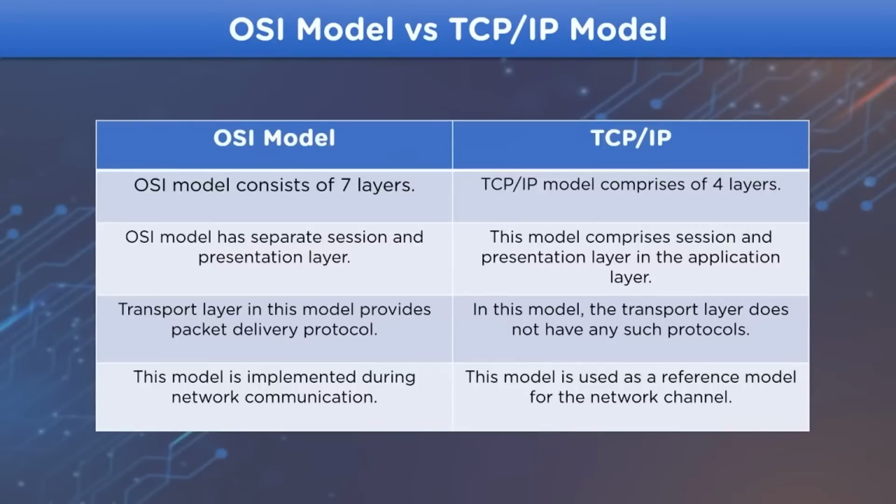The transport layer in the OSI model provides packet delivery protocols, but in the TCP/IP model, the transport layer does not provide any such protocols. The OSI model is implemented during network communication, but the TCP/IP model is used as a reference model for the network channel.